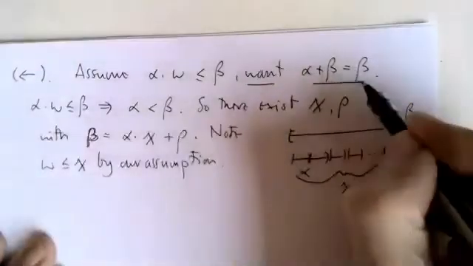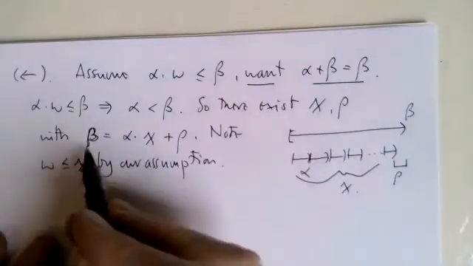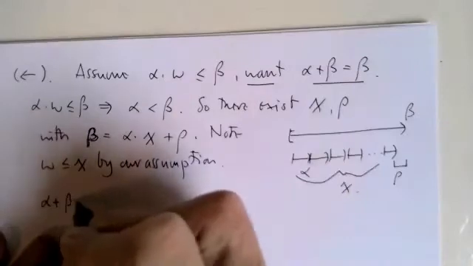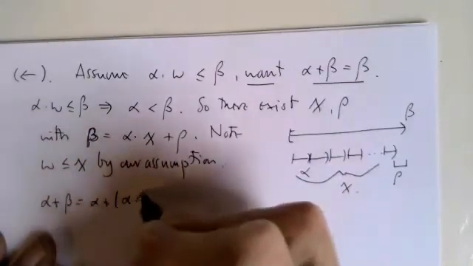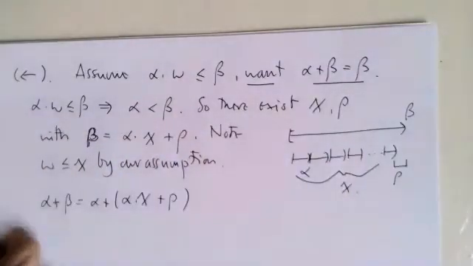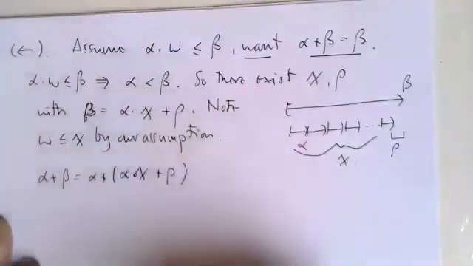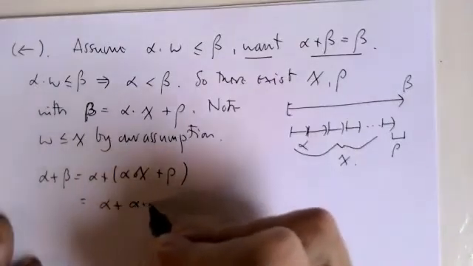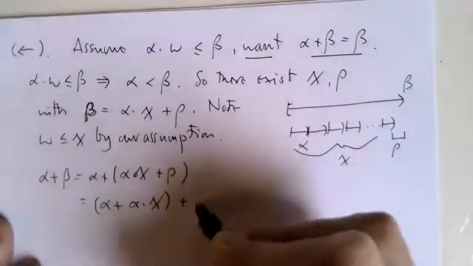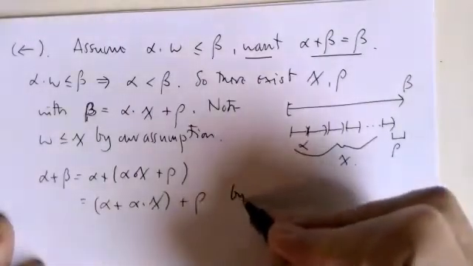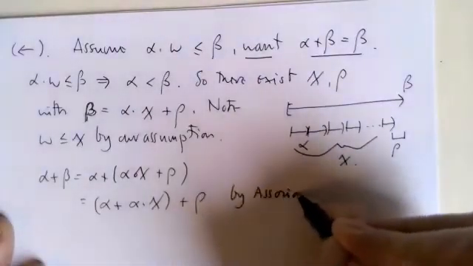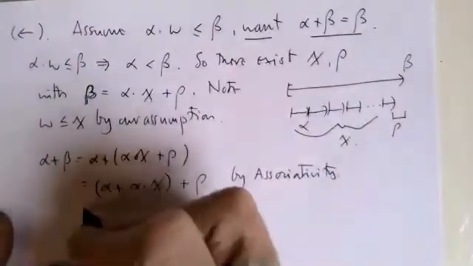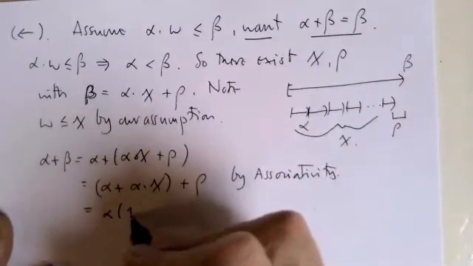Okay, we want this. Well, beta's of this form now. So we've got alpha plus beta is alpha plus alpha times chi plus rho here. By associativity, that is this. And a law of arithmetic, the distributive law, that is this.